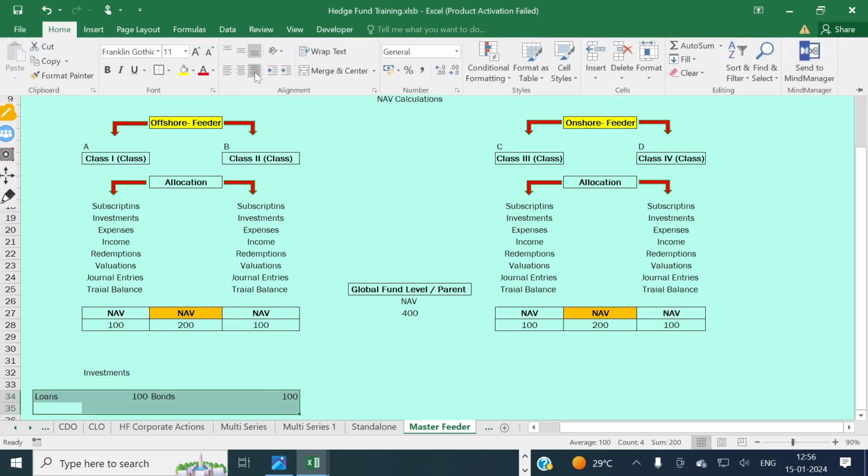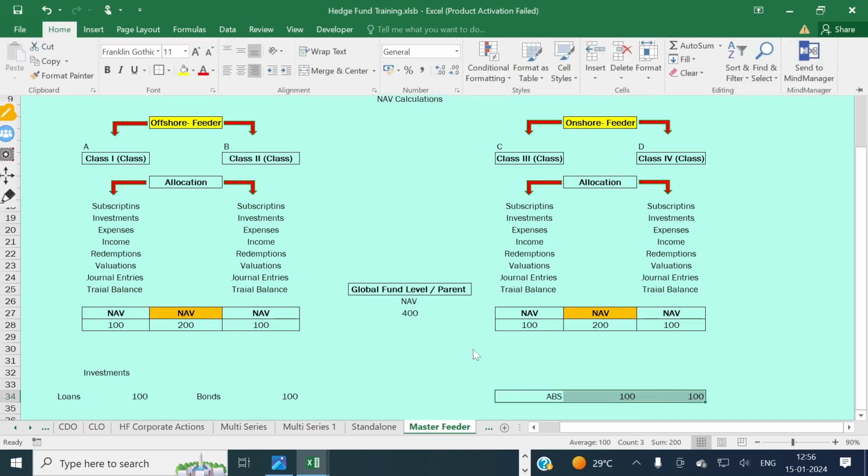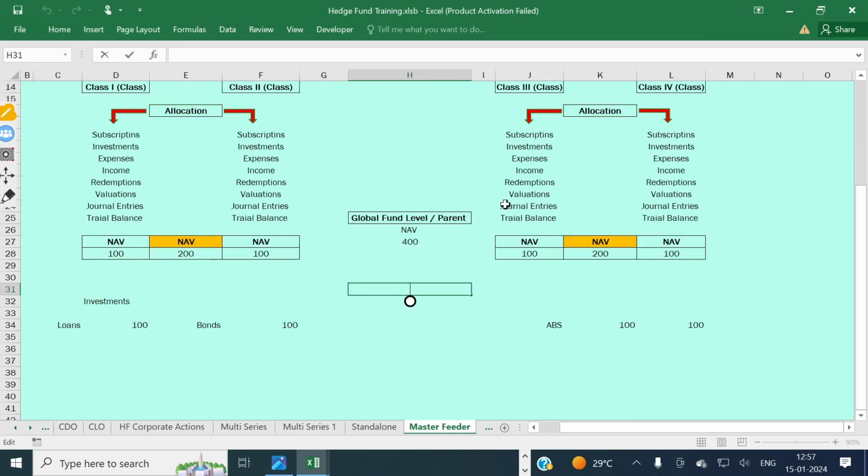You can see that structure. So it's possible. The same here, maybe you have a different plan like ABS, asset-backed securities. So you can create multiple series, and you can manage those investments.